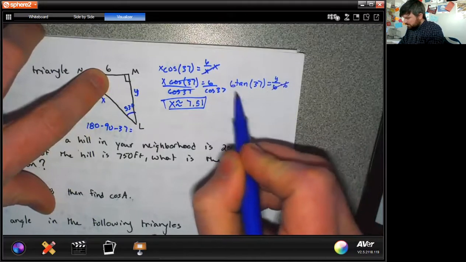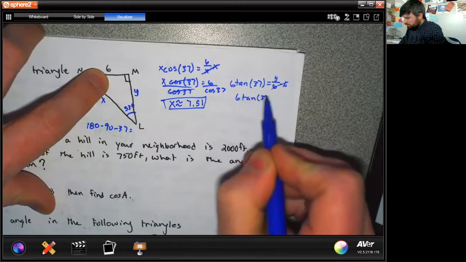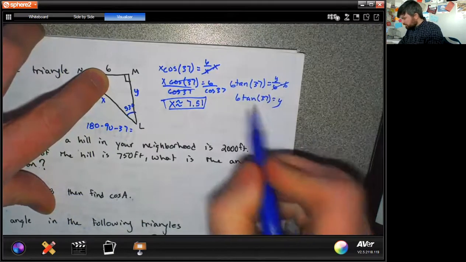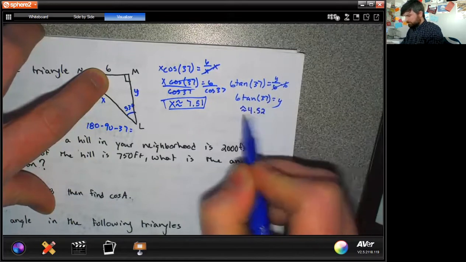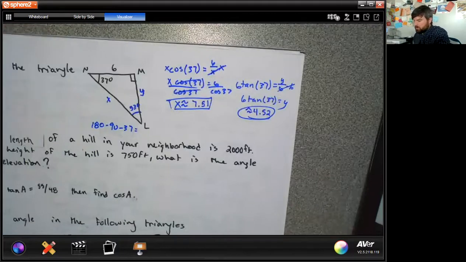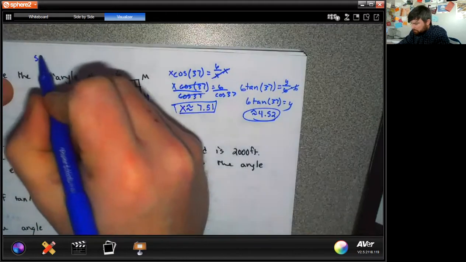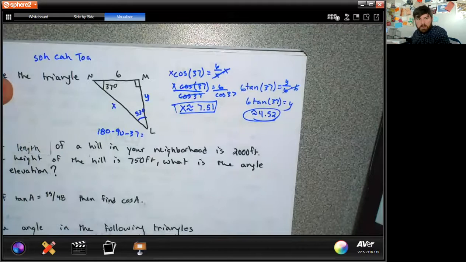So 6 tangent of 37, which is about 4.52. So make sure you know when to use sine, cosine, or tangent. Okay, that name there may help you out, SOHCAHTOA.